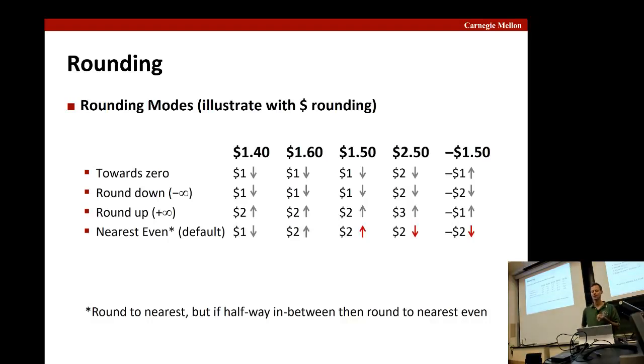The choices were either round up to $2 or down to $1. Since $2 is even, you round up to $2. $2.50, you round down to $2 to get to an even number. And negative $1.50, you round down to negative $2, again, to get an even number. And that's the default rounding scheme that exists.